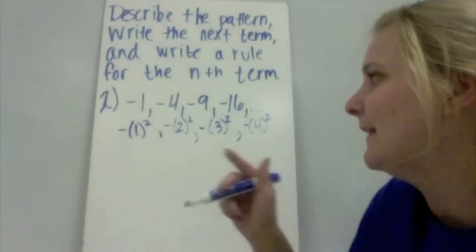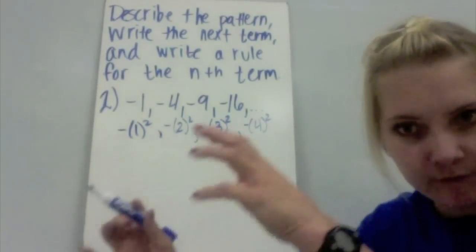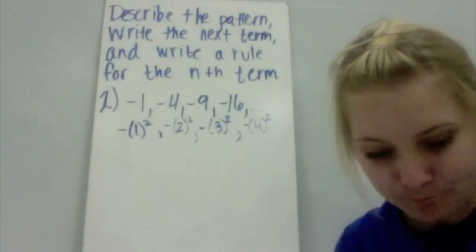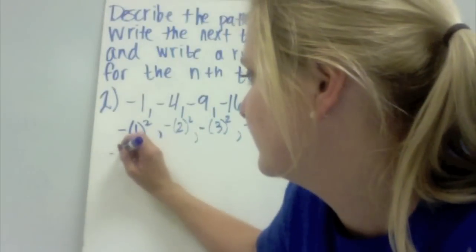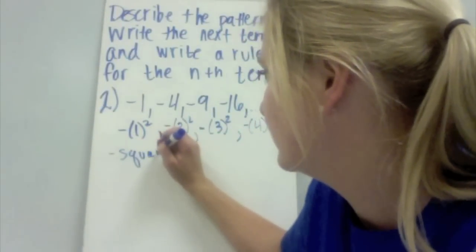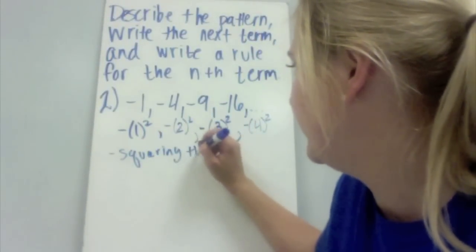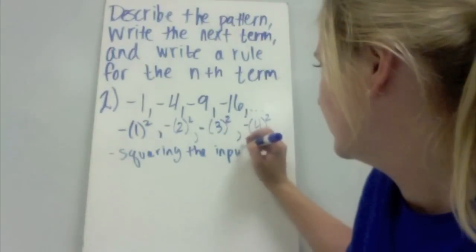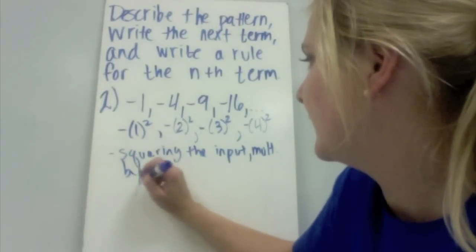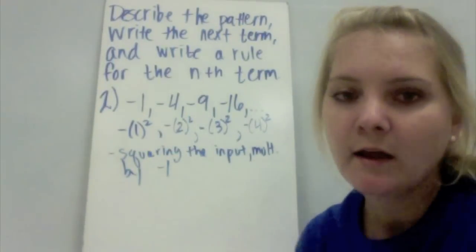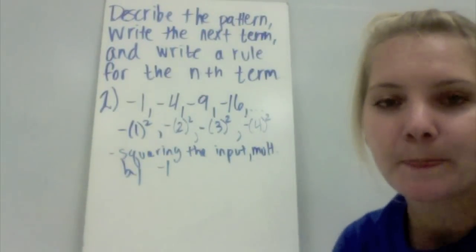So I can use that to sort of take a step back from here. So the pattern for this one being squaring the input and then multiplying by -1. So that's a fine description there.